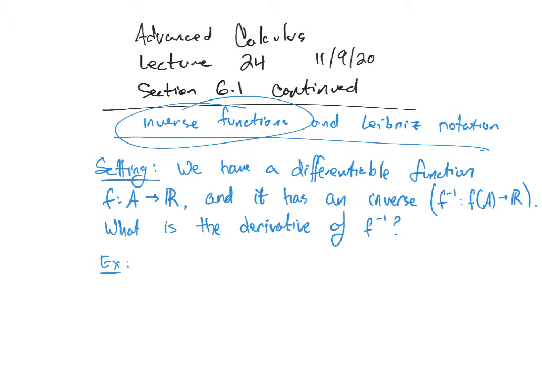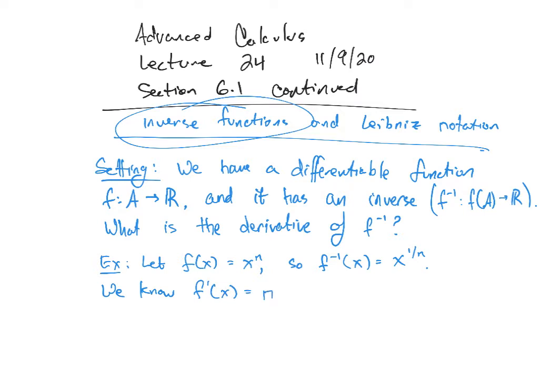As an example for why we might want to do this, what if f of x is x to the n? So f inverse is x to the 1 over n. Now, we know the derivative of f of x. Okay, we did this last time.